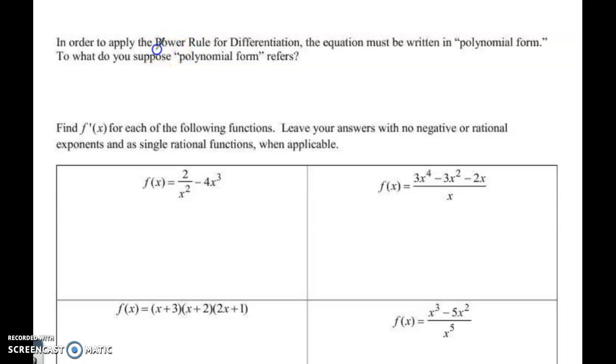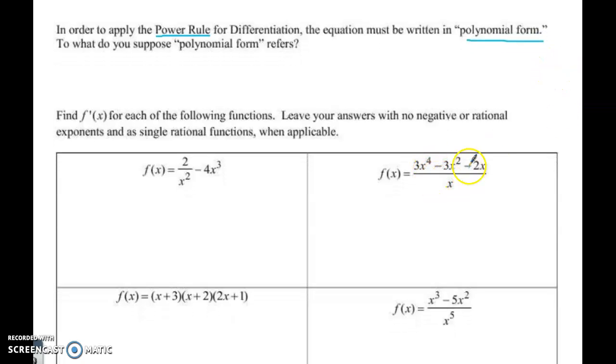So we call this the power rule for differentiation, and it works for anything that can be written as a polynomial. Now notice that some functions look like they're rationals, but if we were to look at f of x here, because it's dividing by a monomial, you can just divide every piece by that.